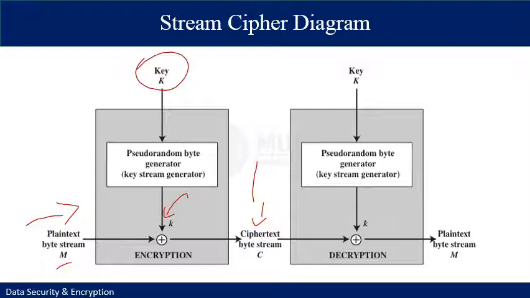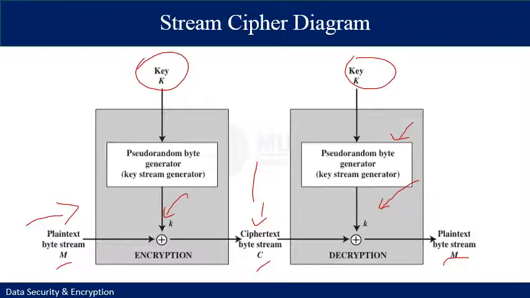On the other hand, the decryption algorithm works in the same way: the key is input to the pseudo-random byte number generator, and a key stream is generated which is bitwise XORed with the ciphertext to produce the original text.